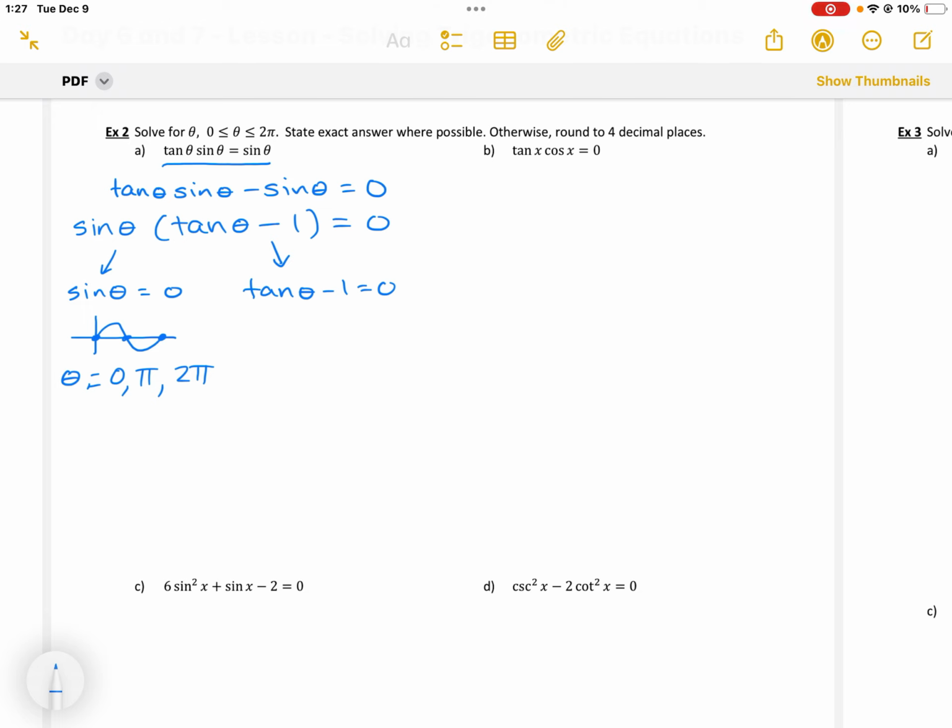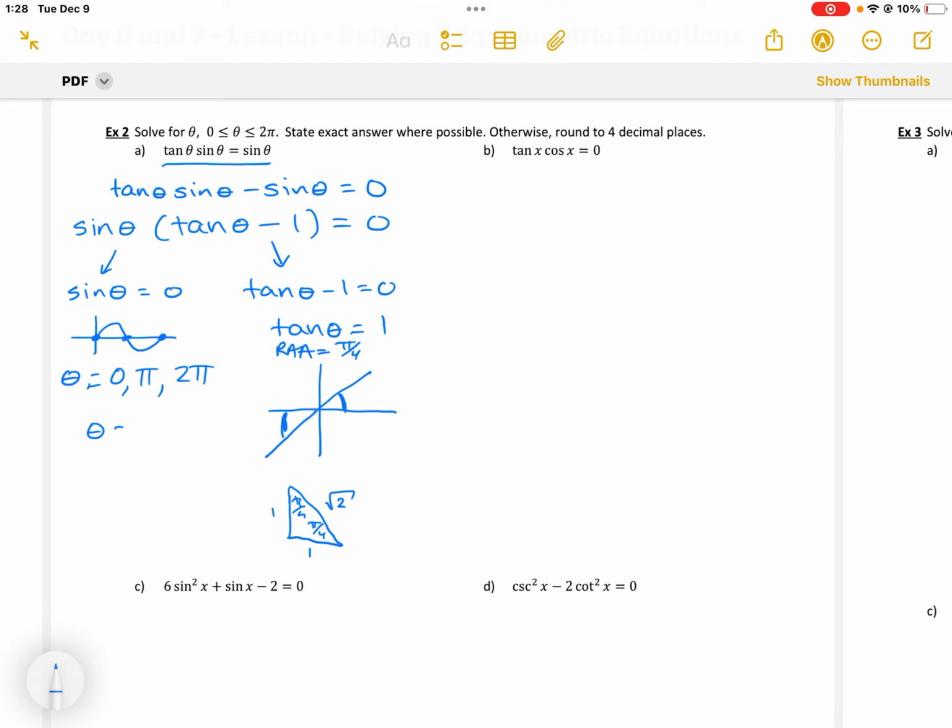In order for tan theta to equal 1, I know that for tan to be positive, I could have a solution in the first quadrant or the third quadrant. I also know that a tan ratio of 1 goes with this special triangle, which means that my related acute angle is pi over 4, which I know is this distance here and this distance here.